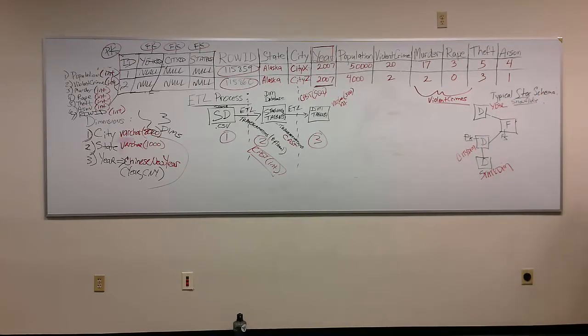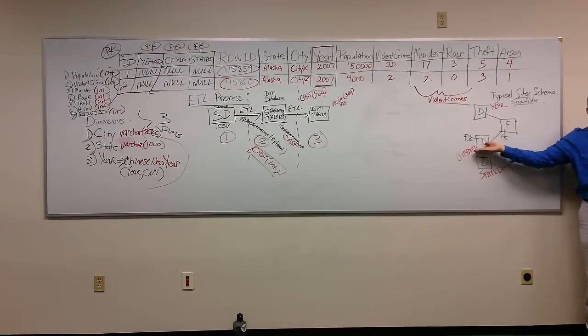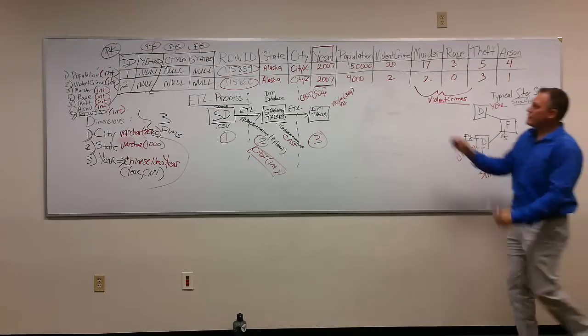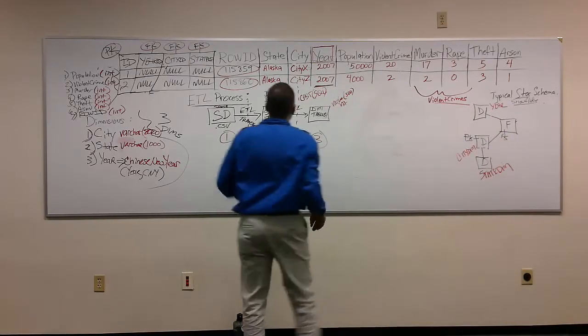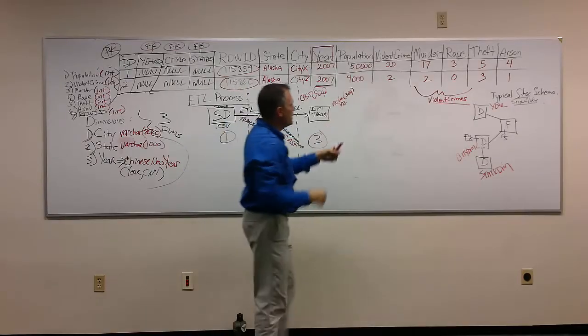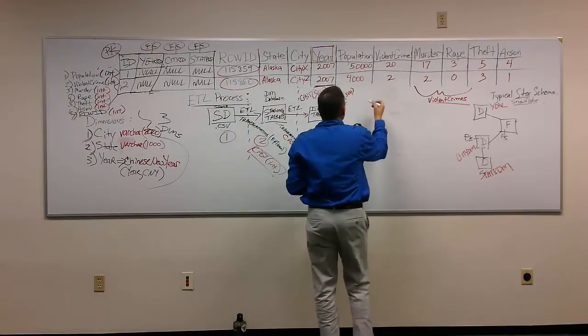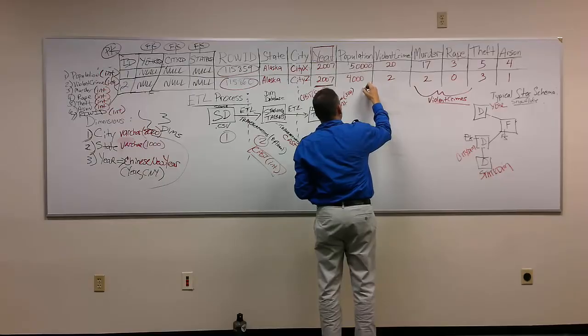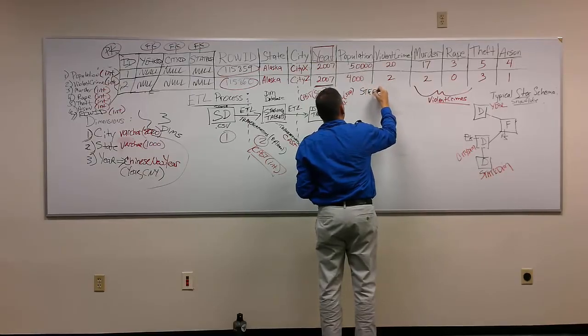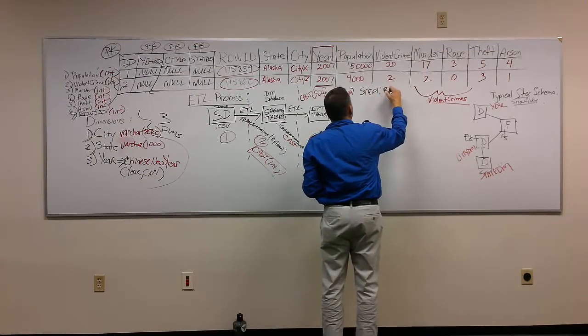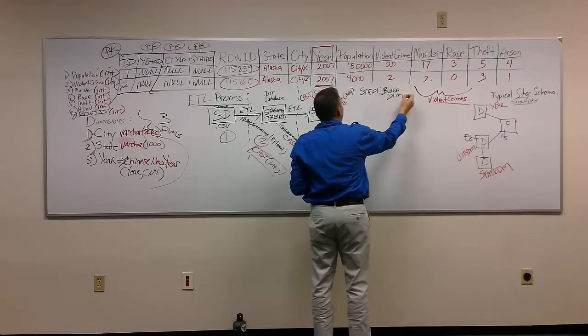So we have to create the state dimension before we can create the city dimension. Does that make sense? The first step to building the dimensions is step 1, we build our dims.